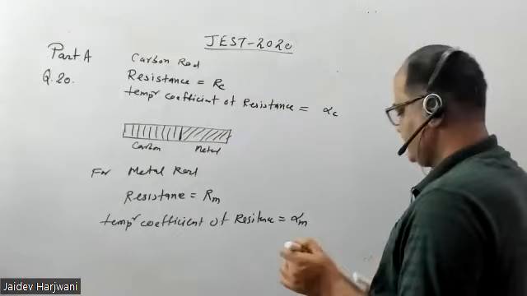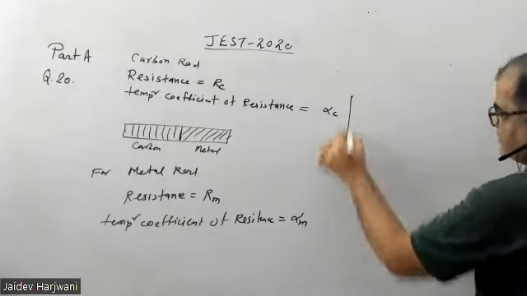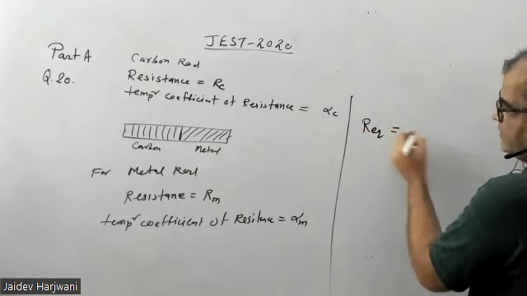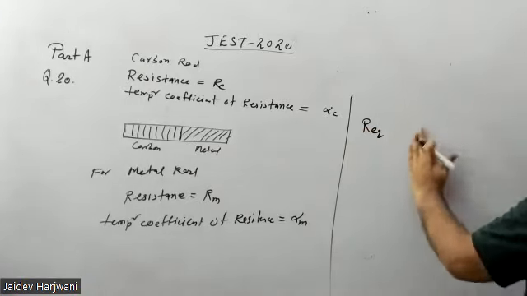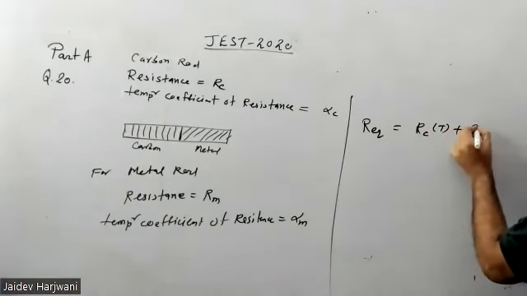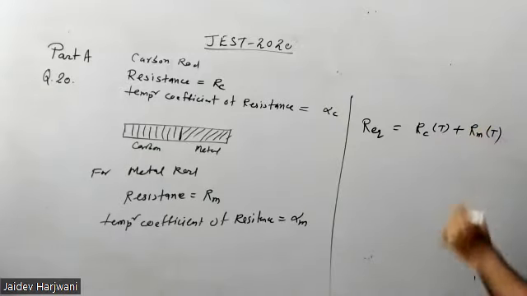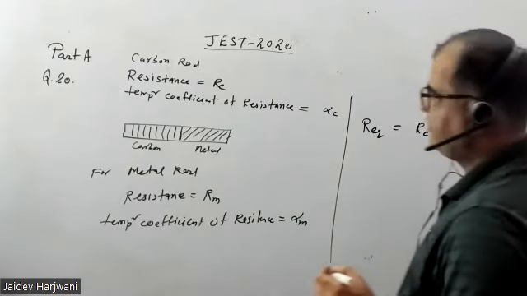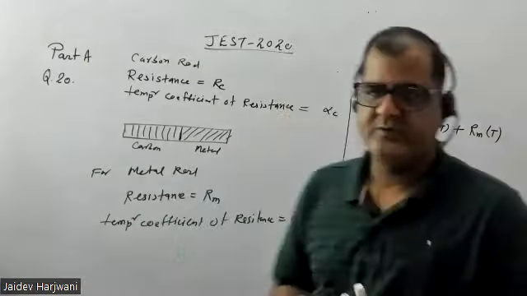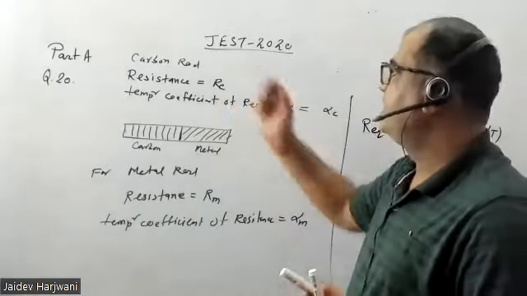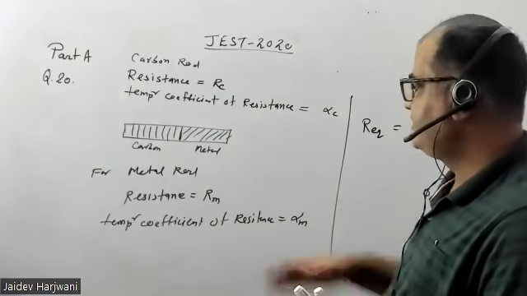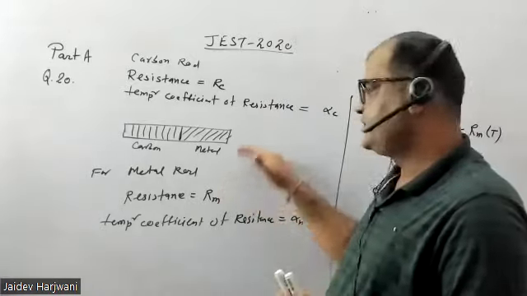Because these are in series, I can write the equivalent resistance or total resistance as RC plus Rm, where RC is a function of temperature, as is Rm, the metal resistance. Now a carbon rod generally behaves like an insulator or semiconductor, so its temperature coefficient is negative. Its resistance always decreases with temperature, while metal resistance increases with temperature.